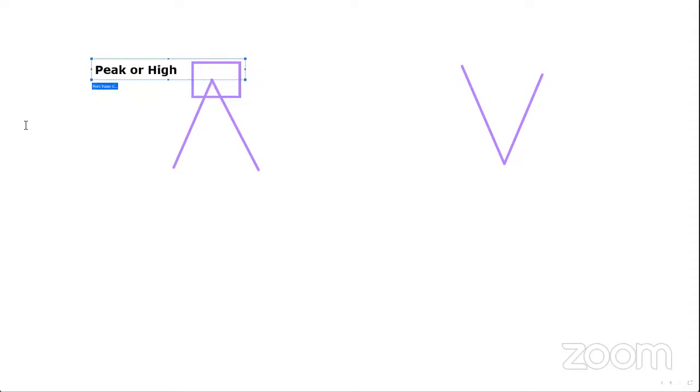Peak or high. And this one is called low or trough. This area. See?